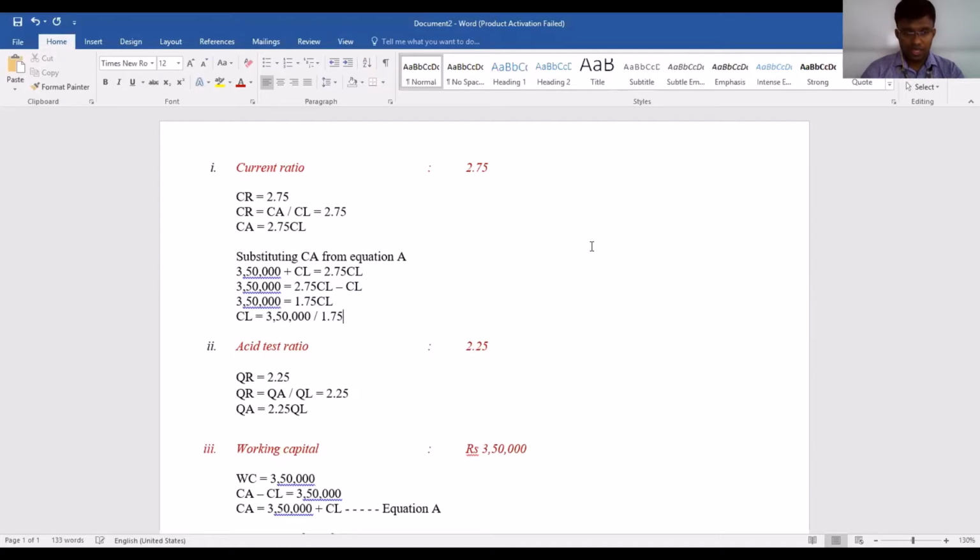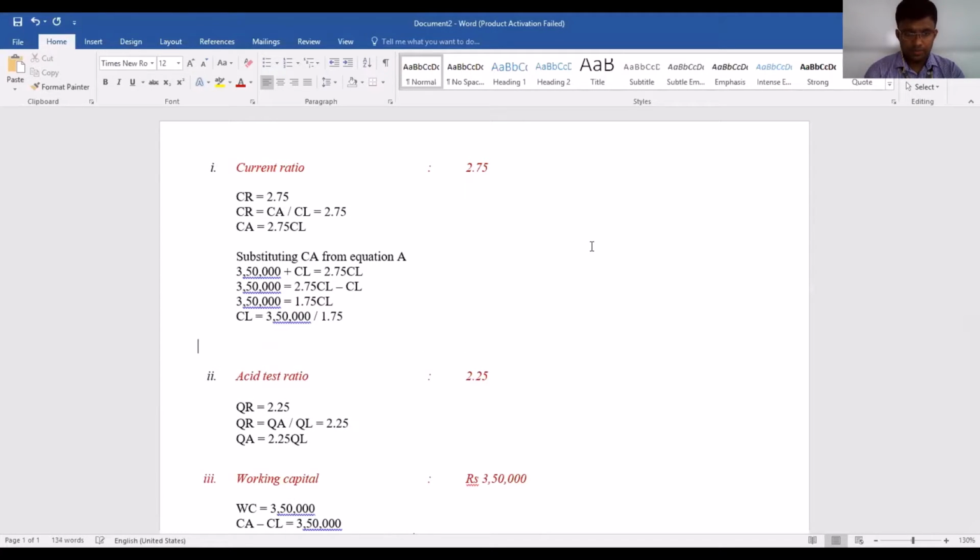So from this we get current liability is equal to 2 lakh.